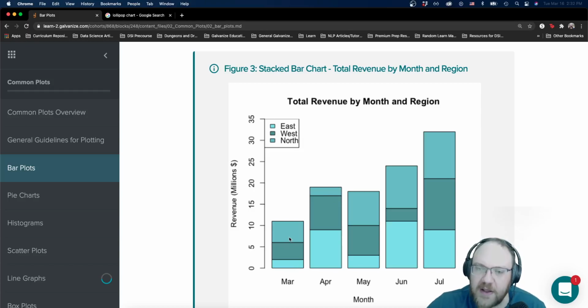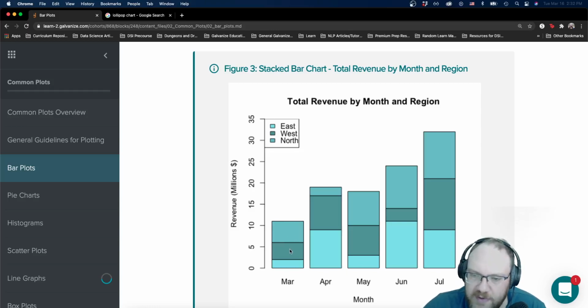We can see that in the month of March, there was a revenue for whatever this company was. This is just totally fake data that I made up. But we can see March, the total revenue looked to be about $11 million. But we can also see, hey, about 5 million of that came from this north region.